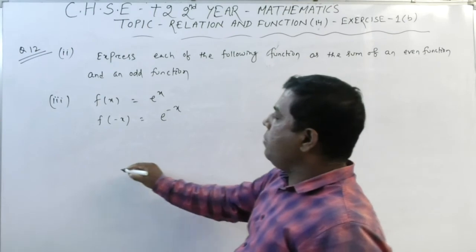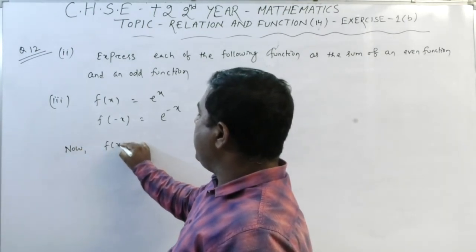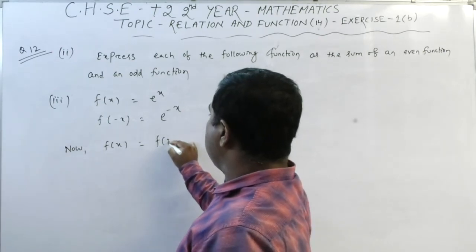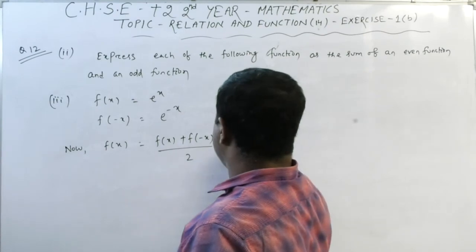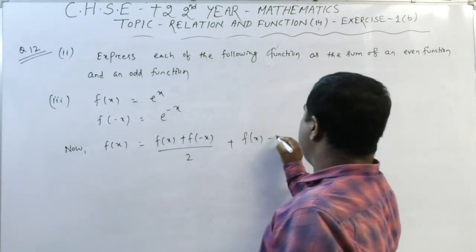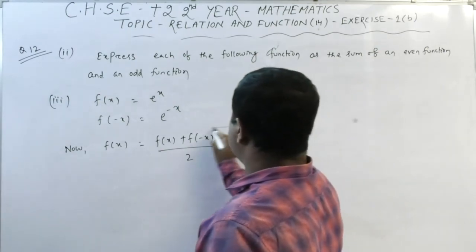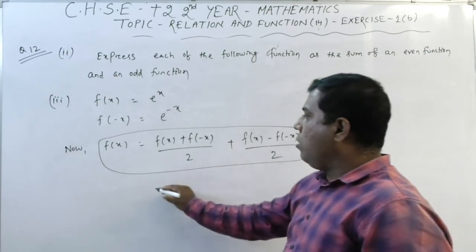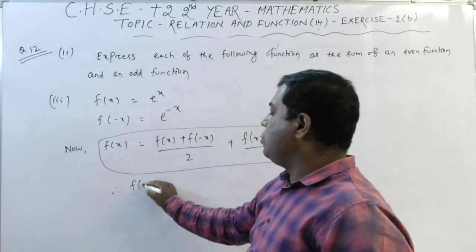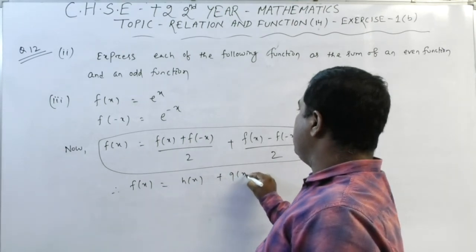Now we can write f of x, because that is the way to show a function as the sum of an even and odd function. Therefore, f of x equals h of x plus g of x.